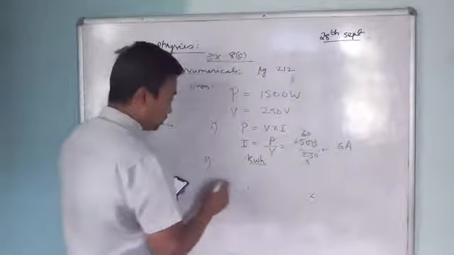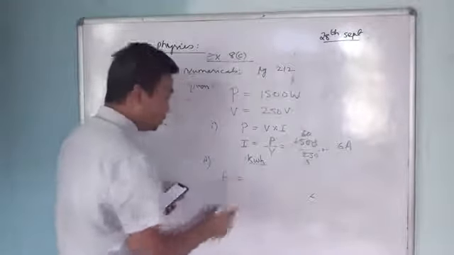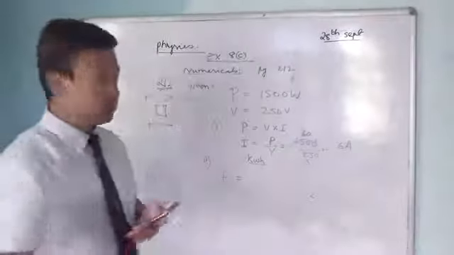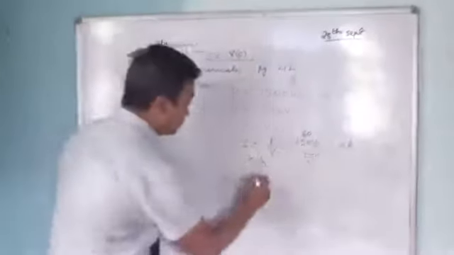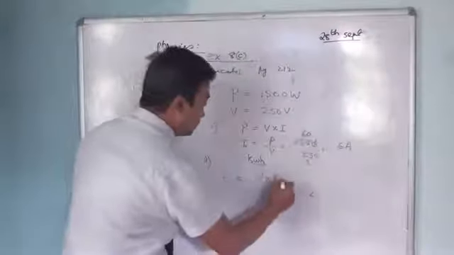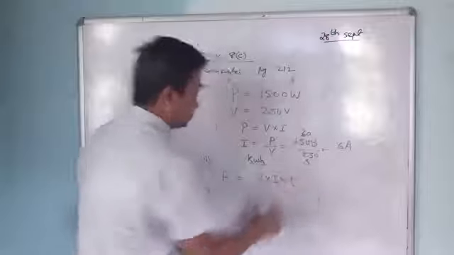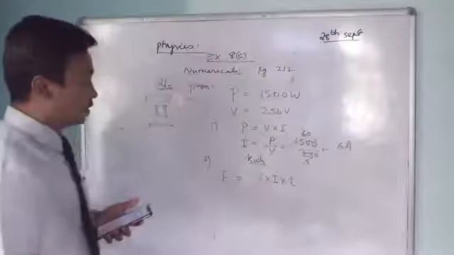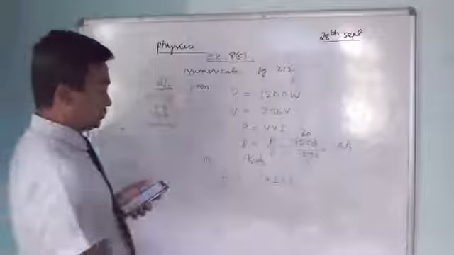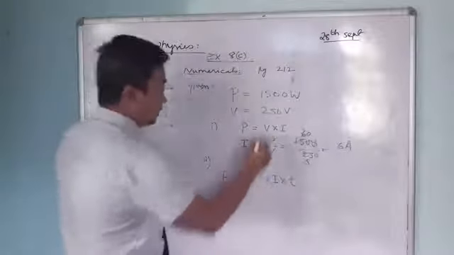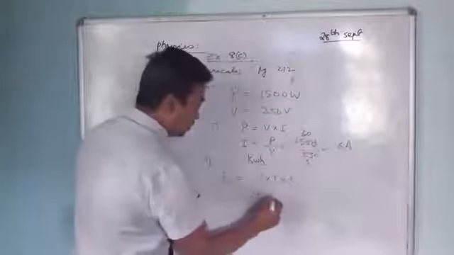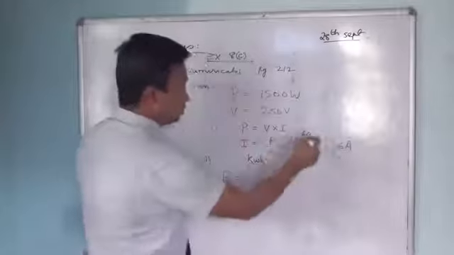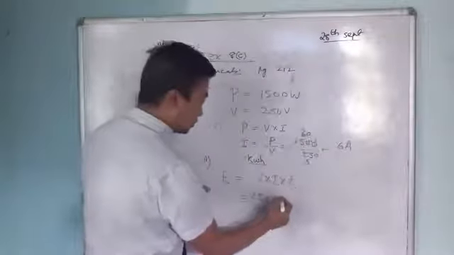For that, the formula you have to apply is V into I into T. Now, what is the V? 250. The current, how much did you get just now? The current is 6.